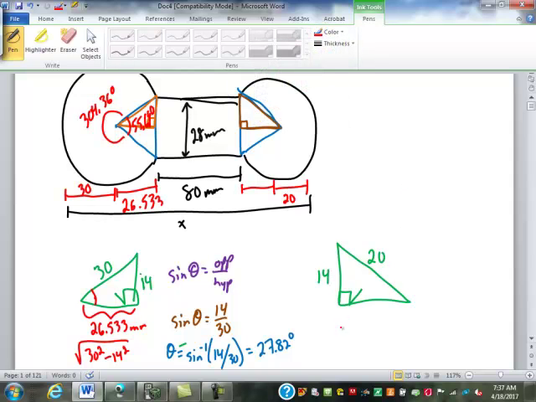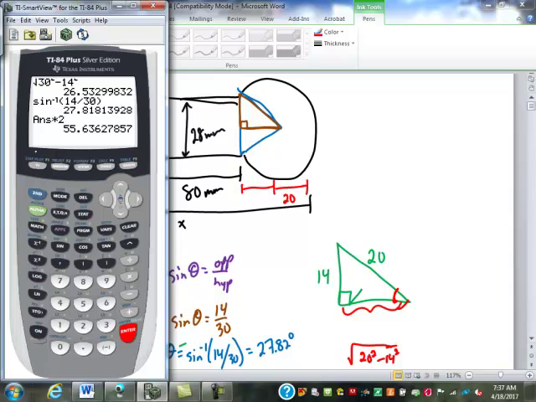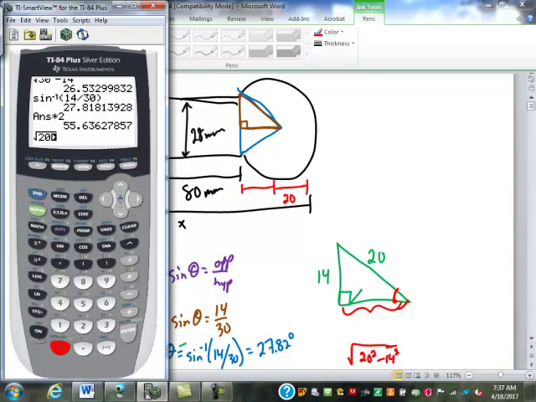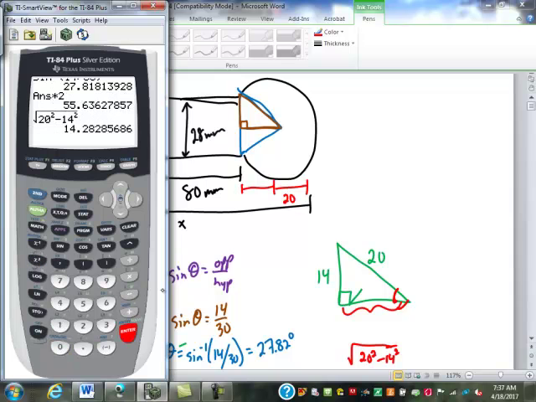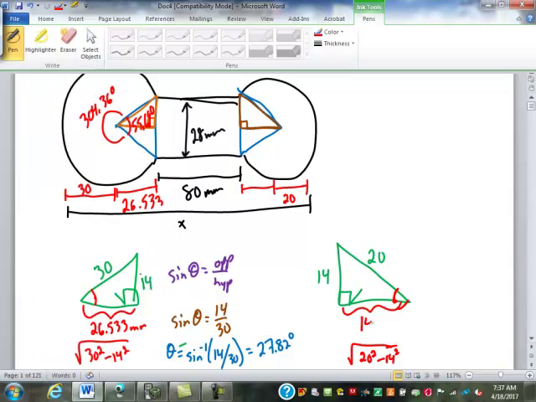And once again, we are looking for this side and this angle. So for the side, it's just going to be the square root of 20 squared minus 14 squared, which is 14.283. So this here is the 14.283.